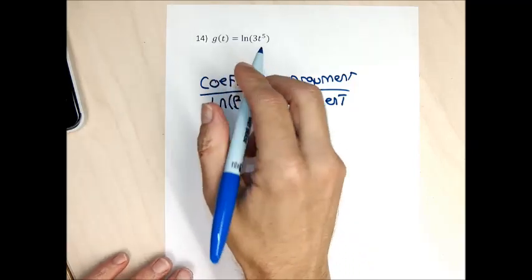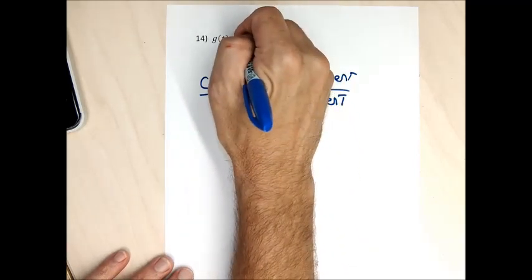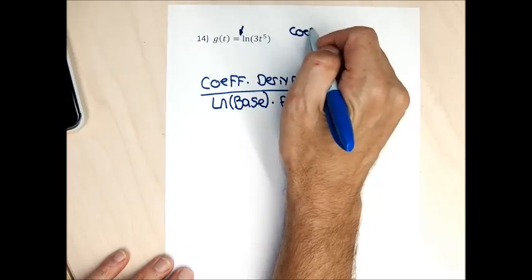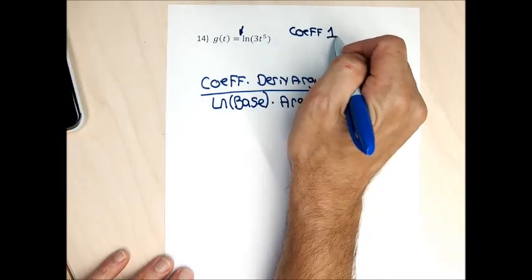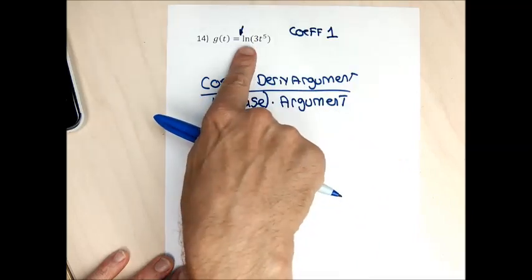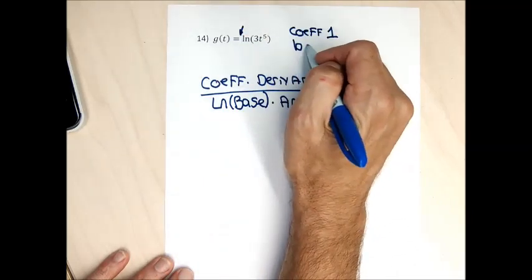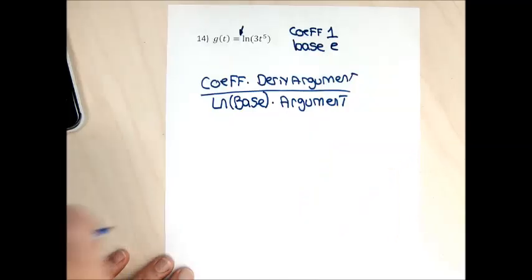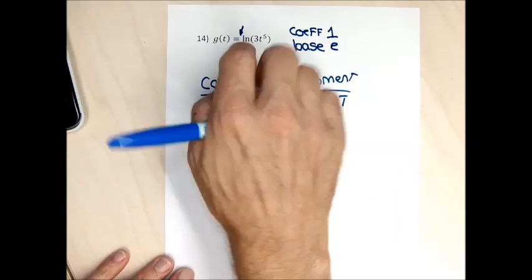So for this particular problem, there isn't a number to the left of the ln, so that tells me that the coefficient is an implied 1. For ln, the base is e. It's not written, but it's assumed. The argument is 3t to the 5th.